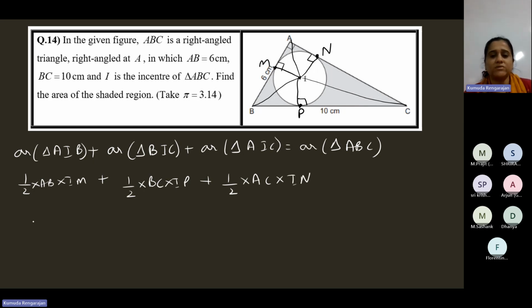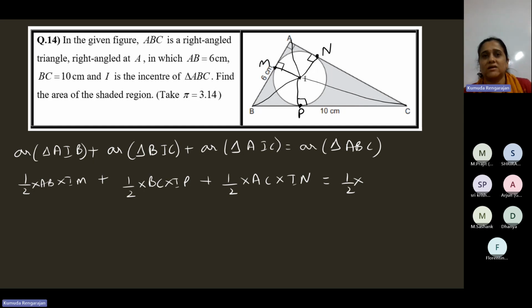Okay, very good. Now this is equal to area of the whole triangle ABC. For that, half into, which is the base and which is the altitude? BC into AP, ma'am. We don't know how much is AP, and AP is two broken lines, not a straight line.